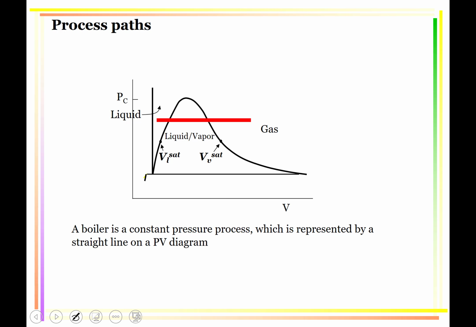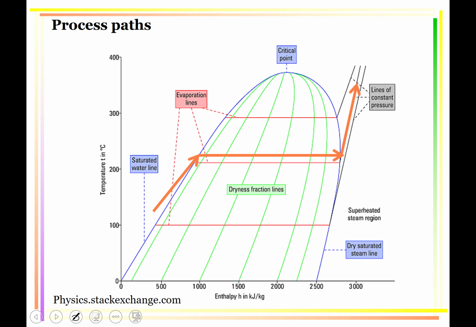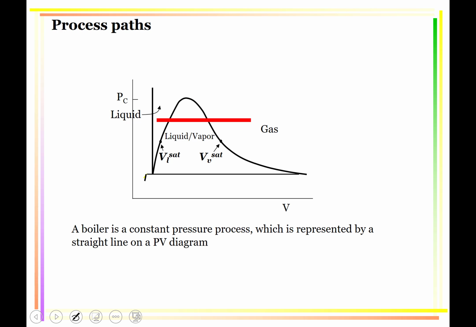So here's an example of a path that you may take if it's a constant pressure process. So we're following a constant pressure here, but it's going through temperature changes, volume changes, and enthalpy changes. So we have to learn how to make that calculation.